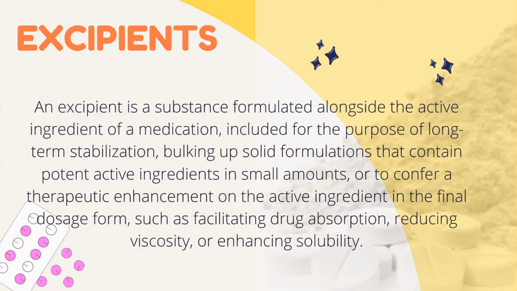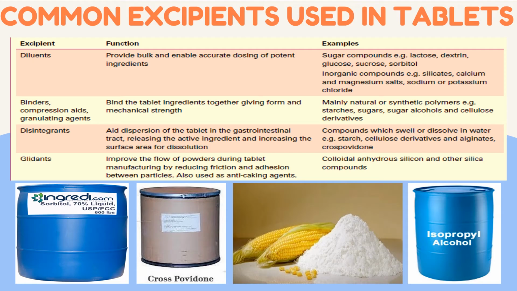Talking about the excipients, these are the non-active substances added to the tablet to make the formulation easier. They are added along with the active pharmaceutical ingredient to formulate it into a tablet. Common excipients include diluents, which make up the bulk of the tablet.